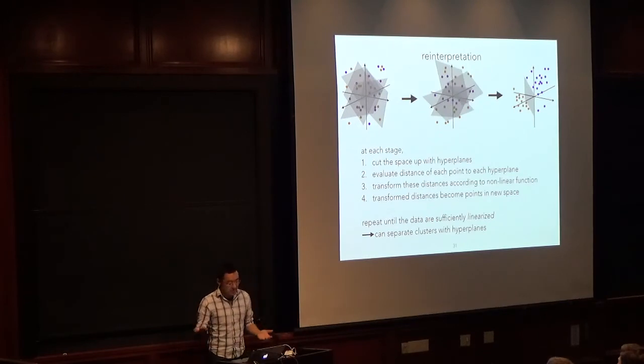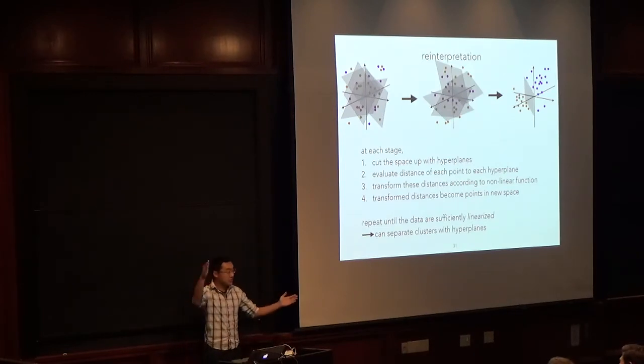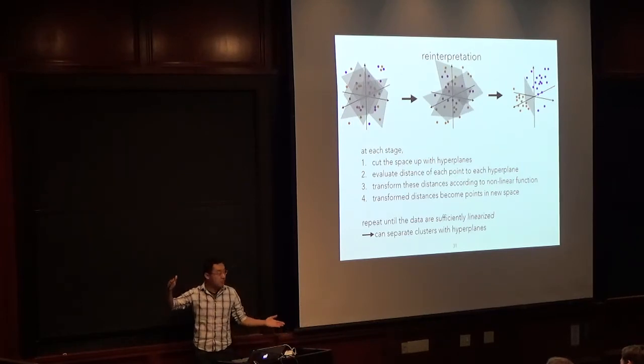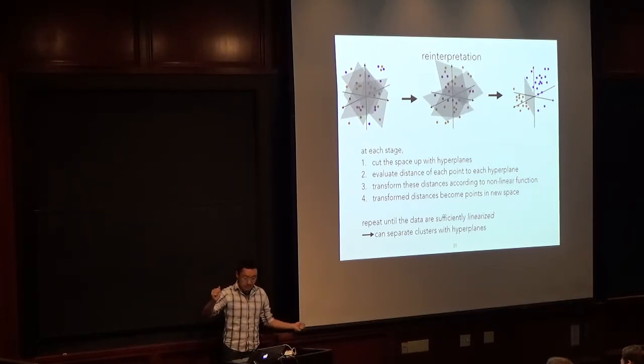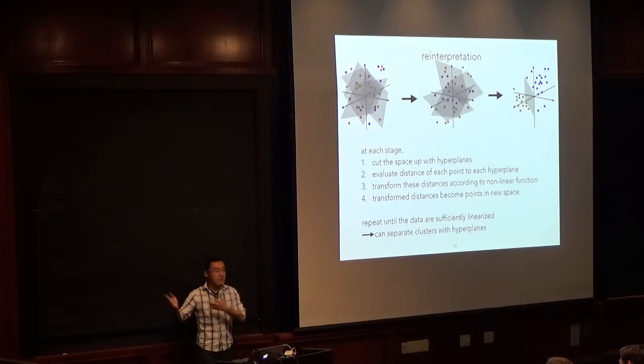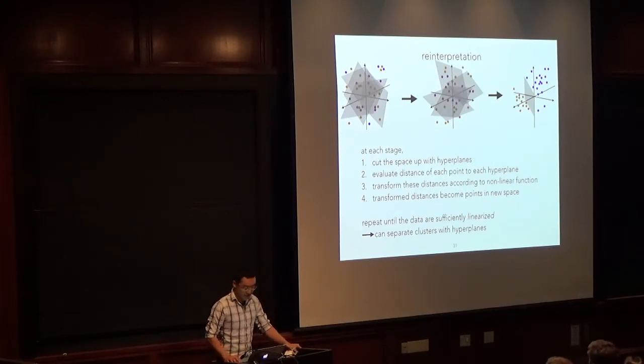We cut up the space with these hyperplanes, evaluate the distance of the point to each hyperplane, and transform these distances with a nonlinearity function. So we stretch or compress that distance with this monotonic transform. The transformed distances become the points in this new transformed space. And we continue until the data is sufficiently linearized.